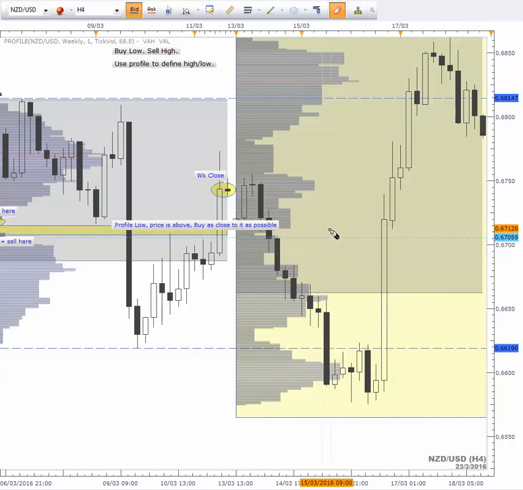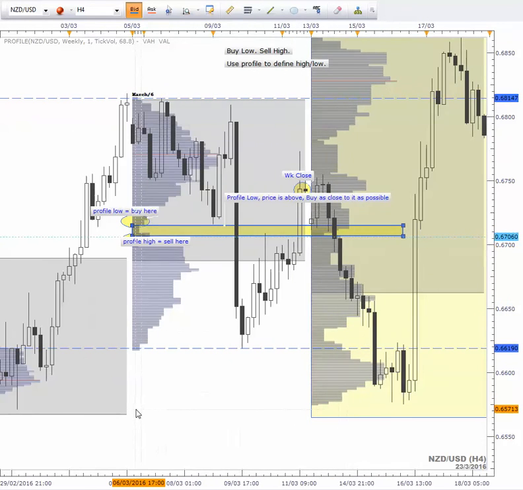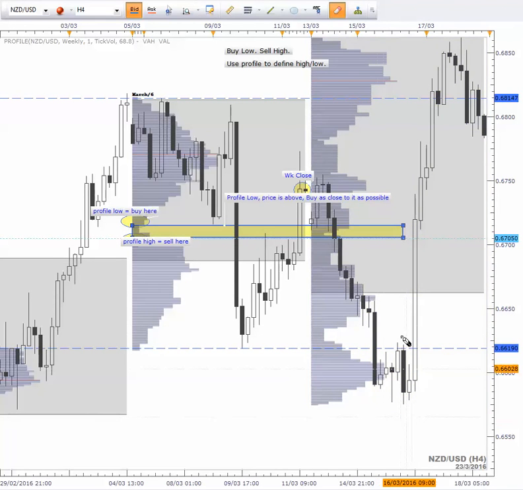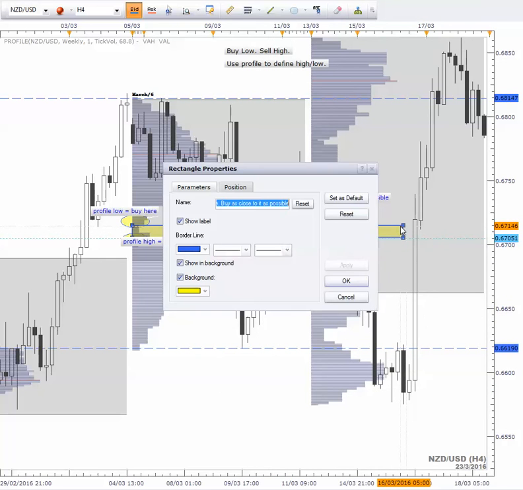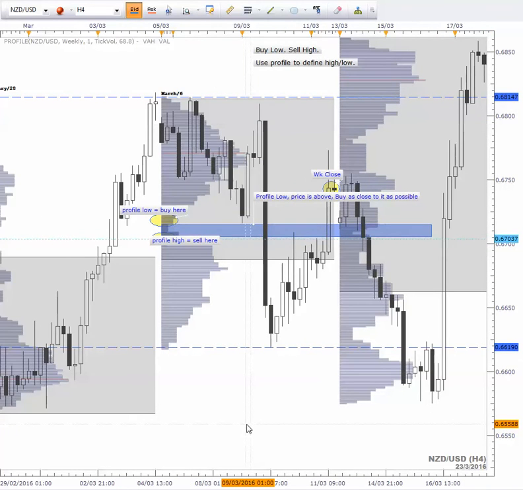I want to be a buyer inside, we're going to make this blue, I want to buy inside of the blue rectangle.